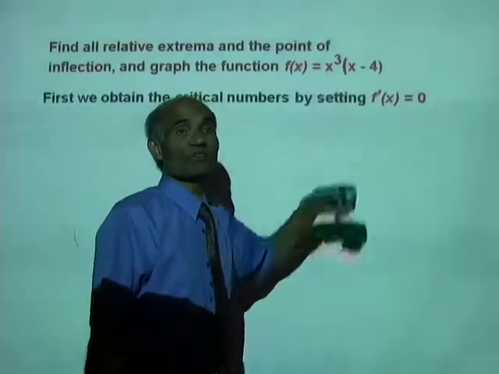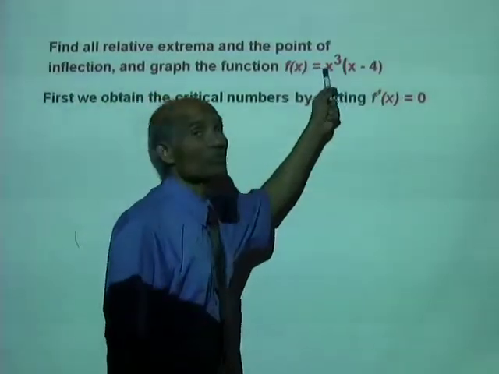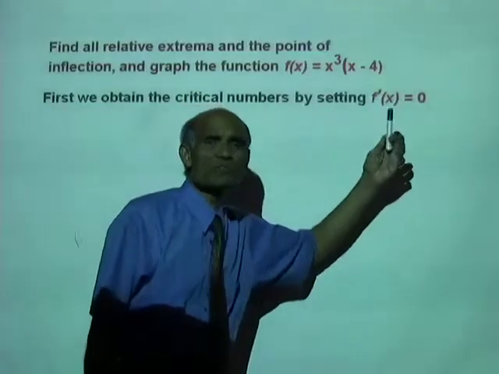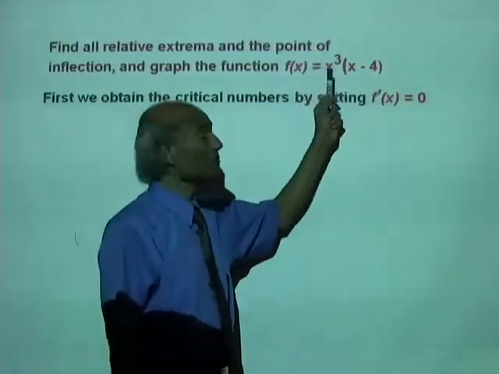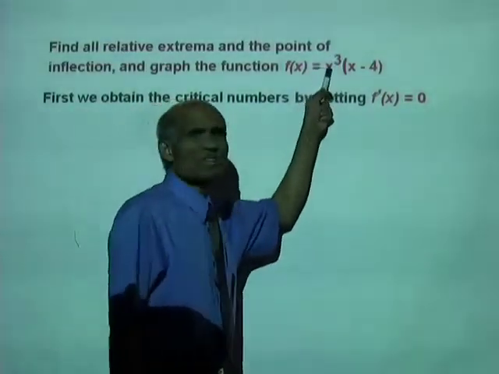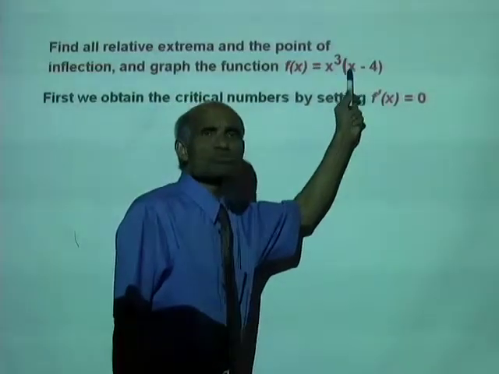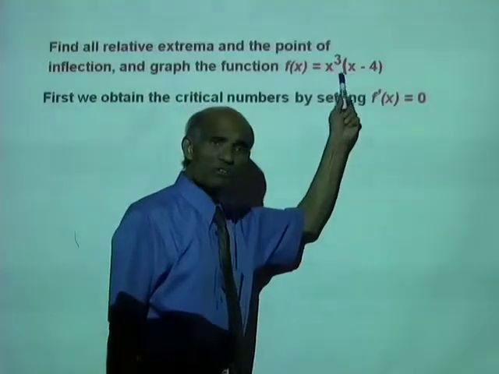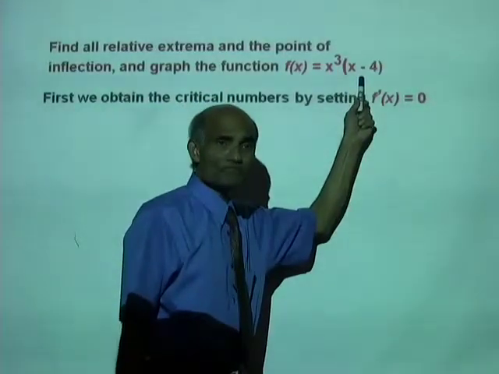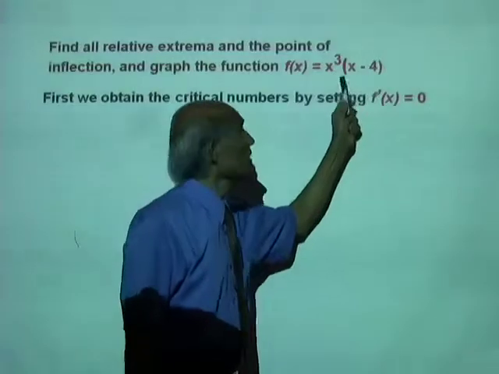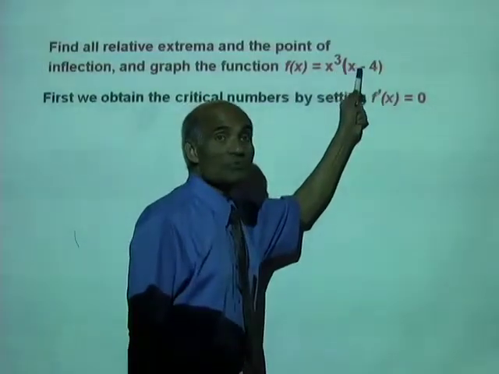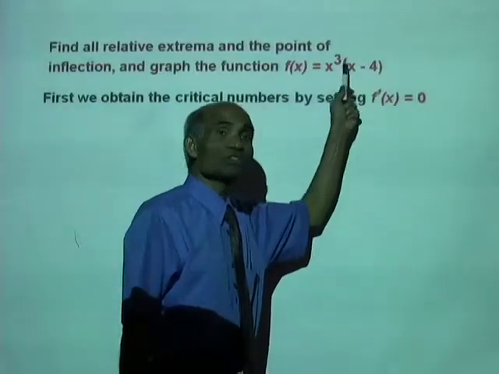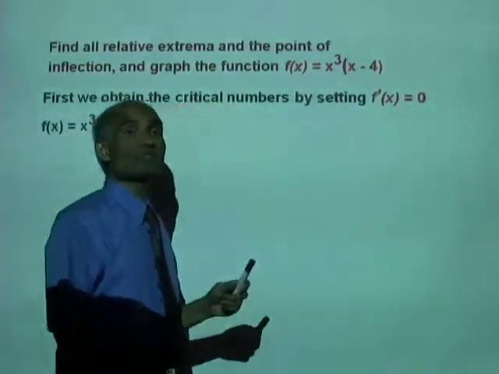This is our f of x. F of x is x cubed times x minus 4. Can you find the first derivative quickly? Now remember, you can do it in either way. You can distribute it and use the power rule, or you can use the product rule: the first function times the derivative of the second function plus the second function times the derivative of the first function.